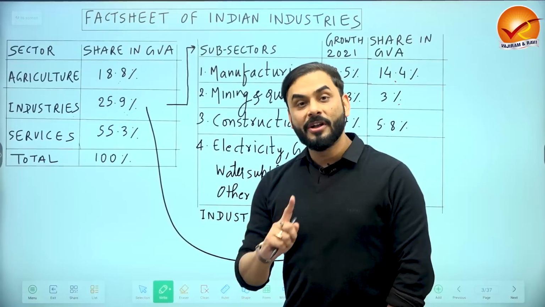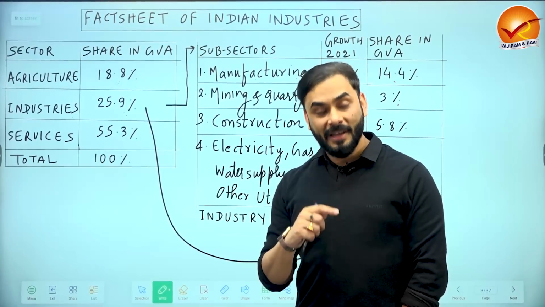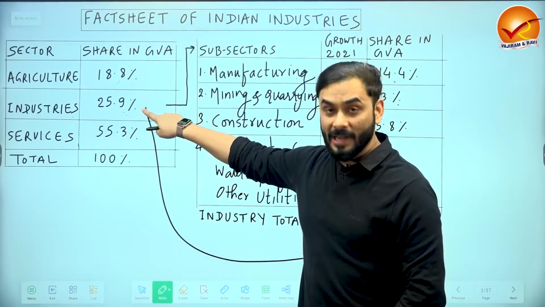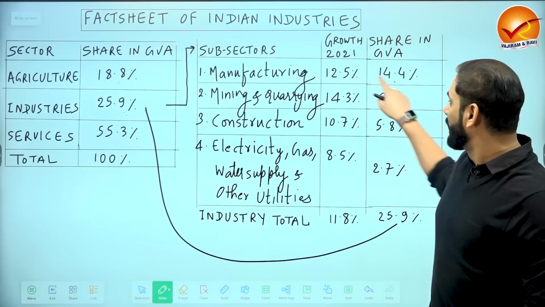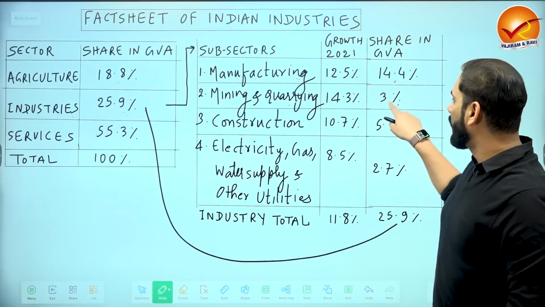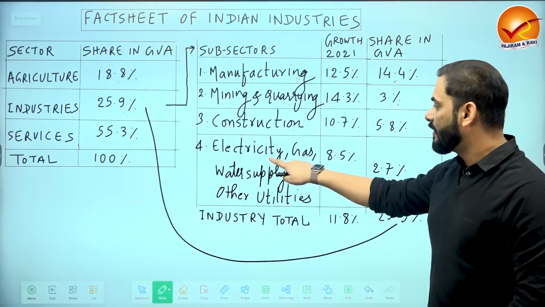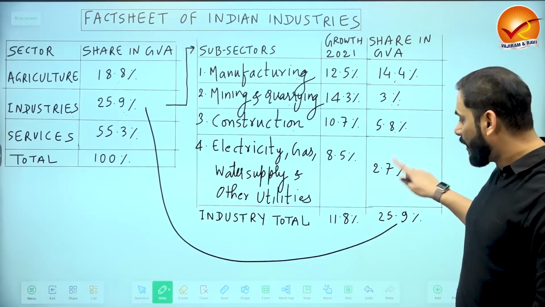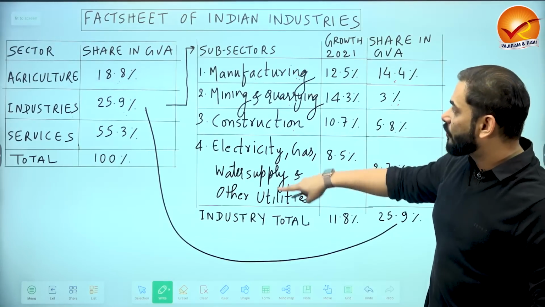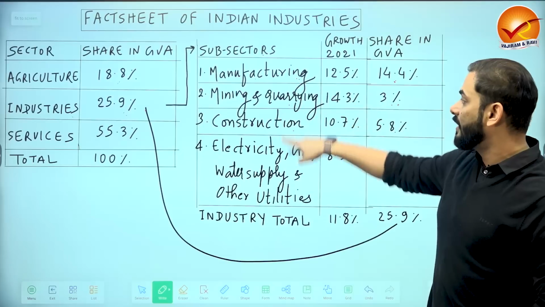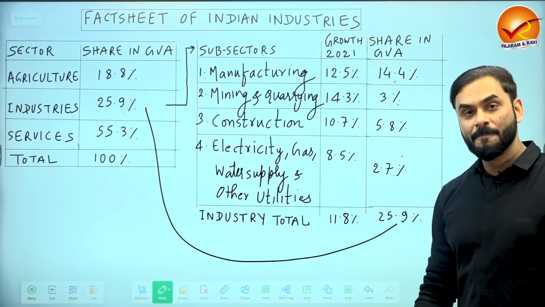So what is the contribution of industries in India's national income? 25.9%. What is the contribution of manufacturing? 14.4%, mining and quarrying 3%, construction 5.8%, electricity, gas, water supply, etc. 2.7%. This is the contribution of the components or subsectors of industries in our national income.